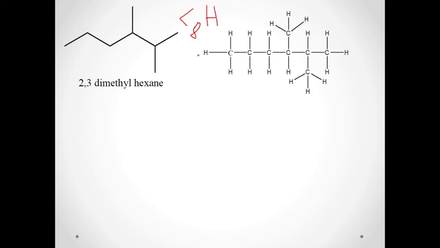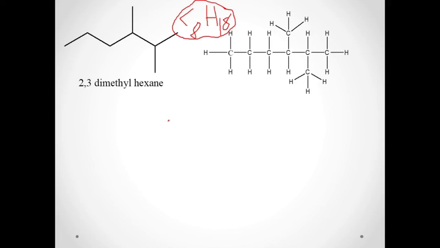How many hydrogens? You have 3, this is 2, that is 5, 7. You have 10, 11, 12, and this is 15 plus 3, 18. So C8H18 is now the molecular formula for 2,3-dimethylhexane.